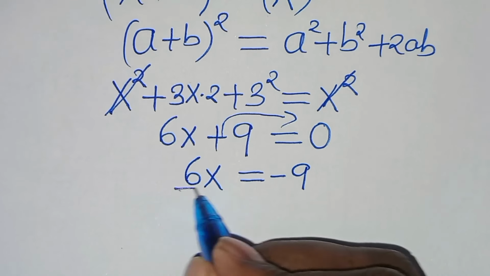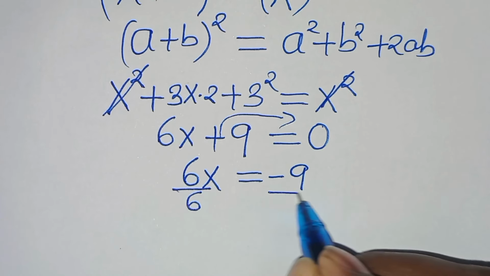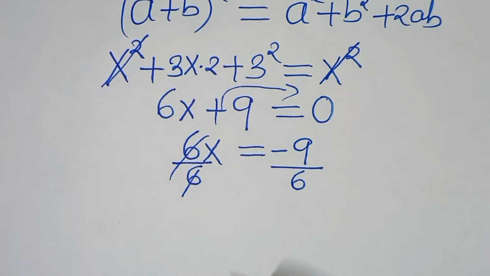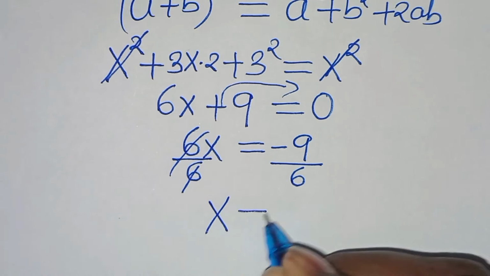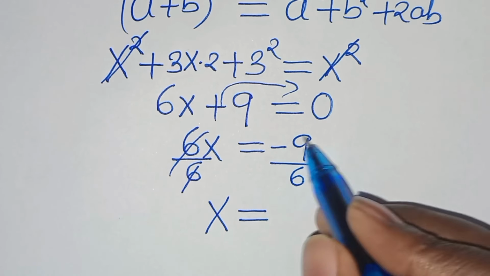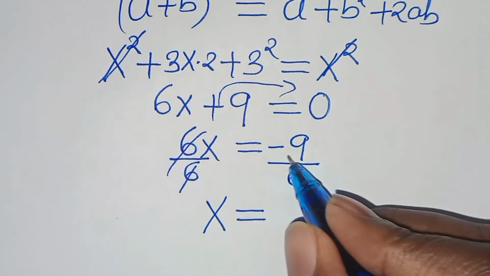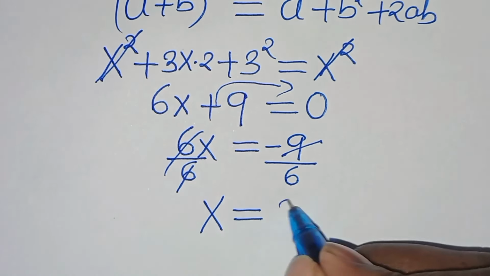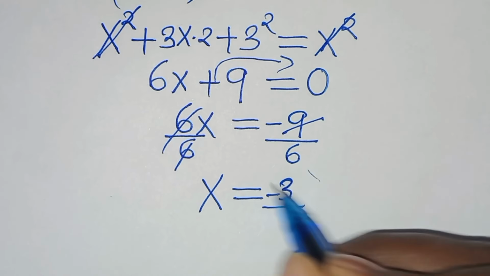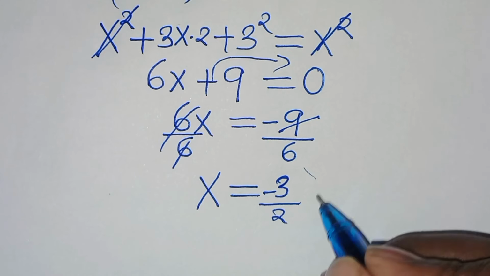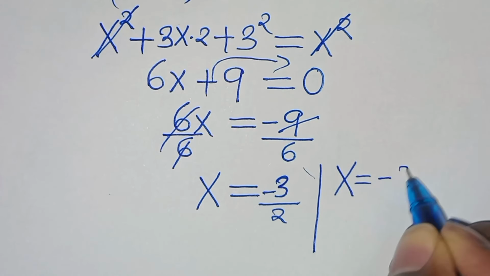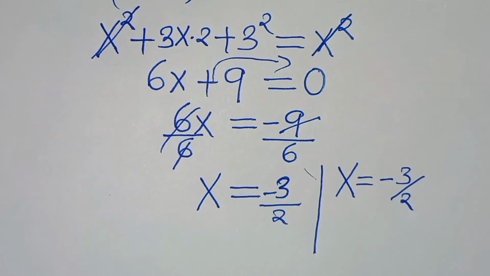Let's divide both sides by 6, so that x is equal to minus 9 divided by 6. If you simplify by 3, this becomes minus 3 divided by 2. So we have that x is equal to minus 3 over 2.